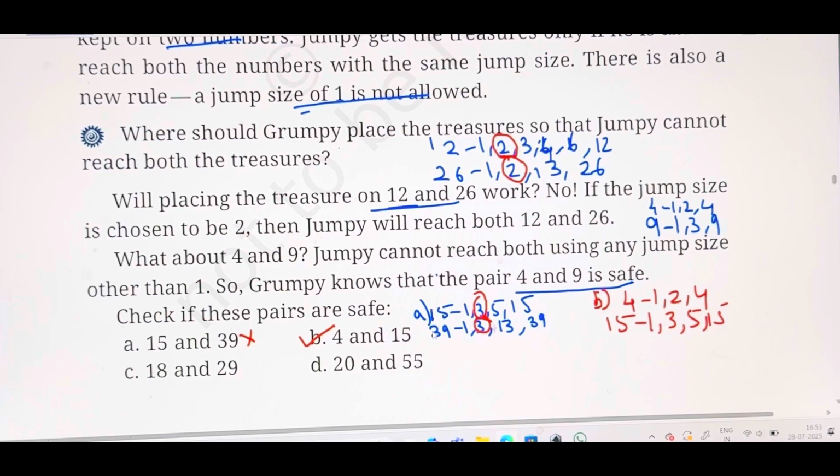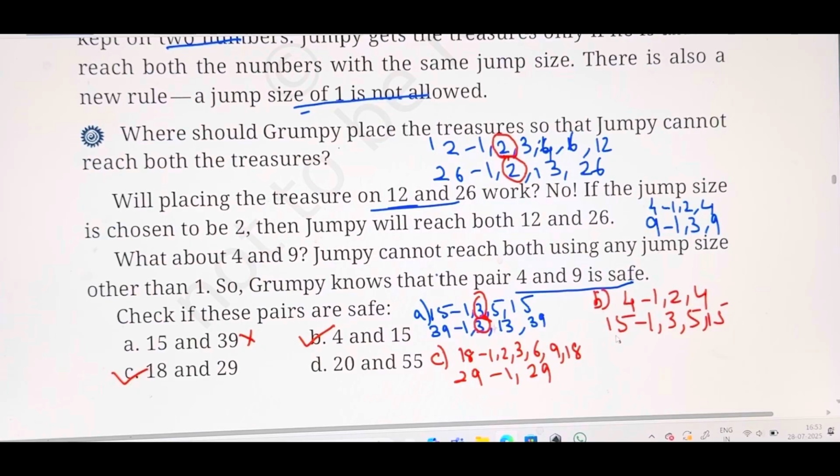Now question number C. The number is 18. Factors of 18 are 1, 2, 3, 6, 9 and 18, and 29 is a prime number. So only 1 and 29. So this is again a safe pair, 18 and 29.